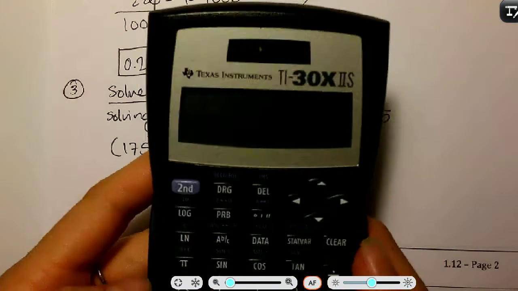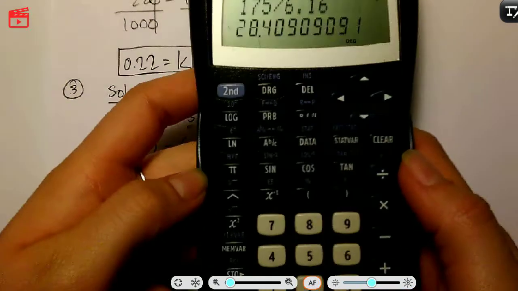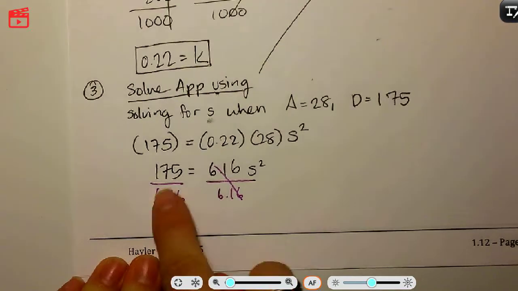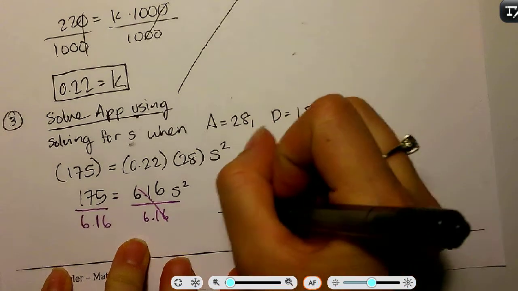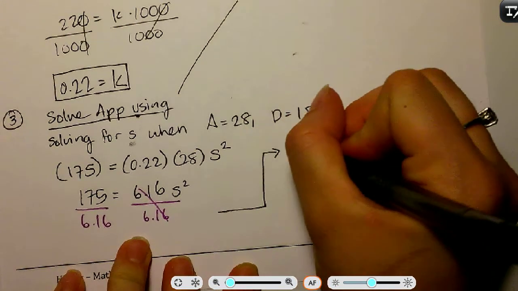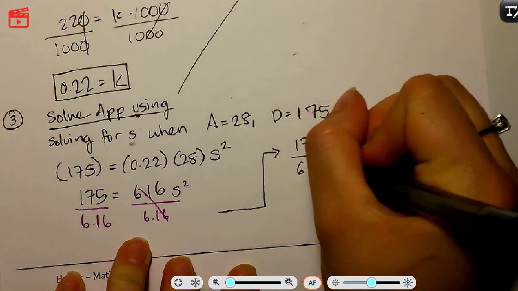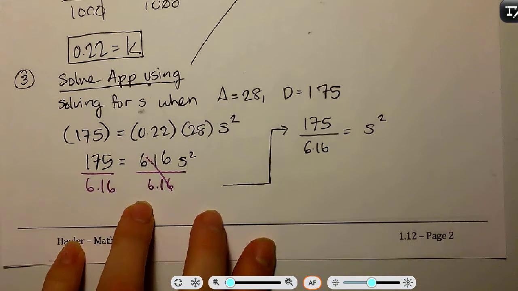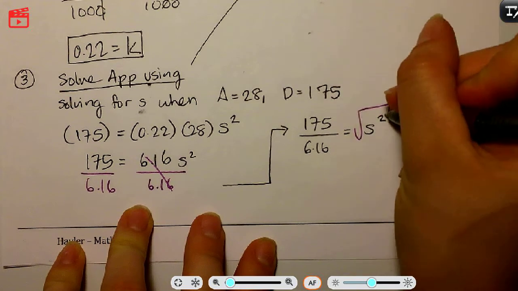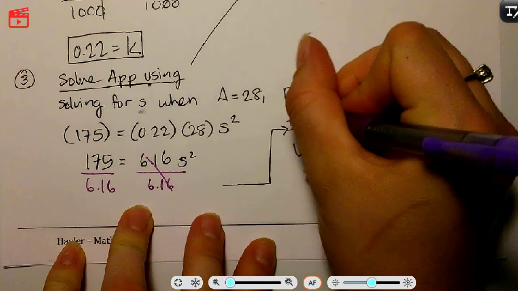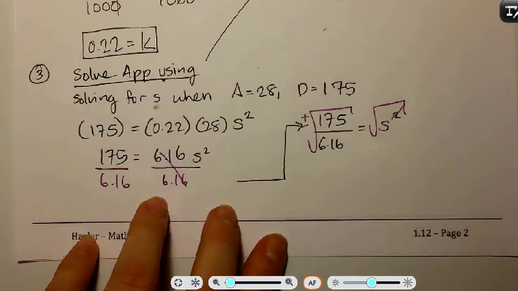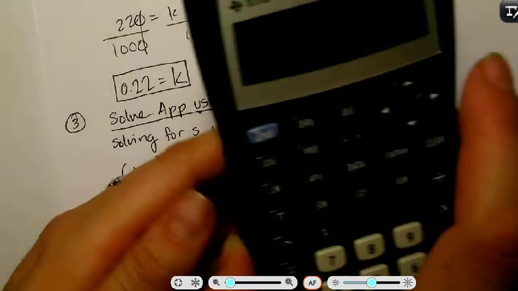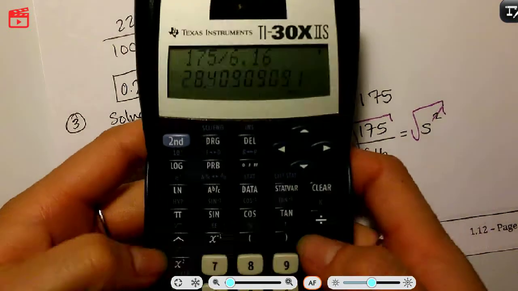And I could round that there, but instead what I'm going to do is I know whatever this answer is, so let me go ahead and extend this. I'm going to take the square root of both sides to solve for S. So square root both sides. Remember the plus or minus. And I'll go ahead and raise my answer to the half power.